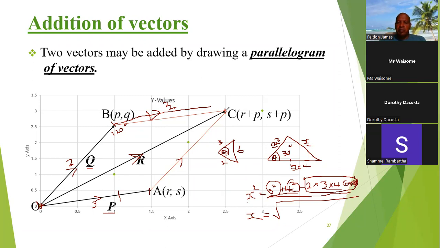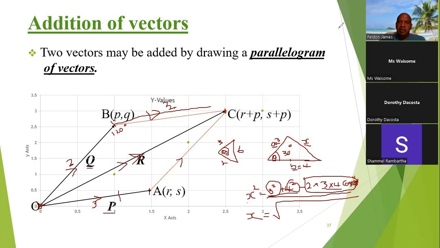And then you use some method of trig or Pythagoras' theorem to find that line that you draw. This line that you draw in the middle of the parallelogram is the resultant vector line. So by finding the length of this line, you're finding the resultant vector.